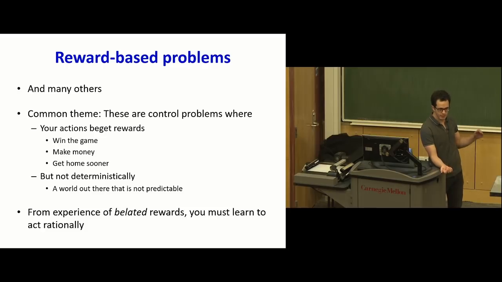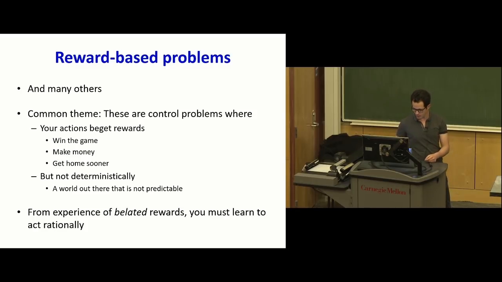You just have some tendencies: this action is likely to give some good results, good rewards, but it may also happen in a different way. Same thing with chess, depending on the opponent that you're playing against, even from the same board position, a move may result in different outcomes. So from these rewards, you're supposed to learn to act rationally.